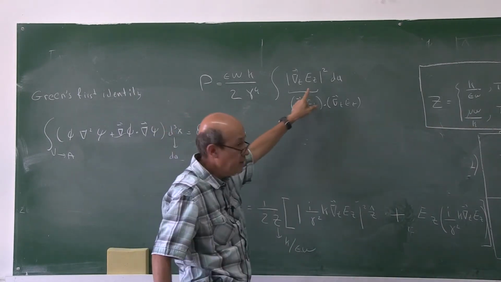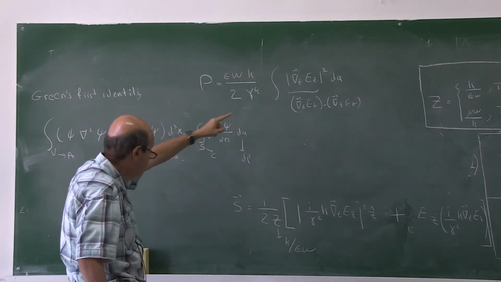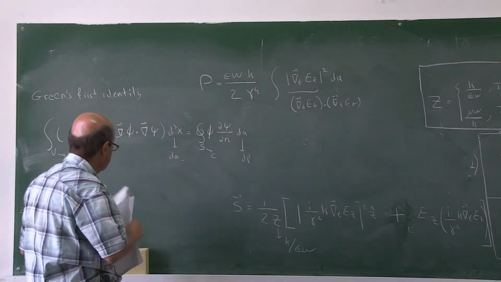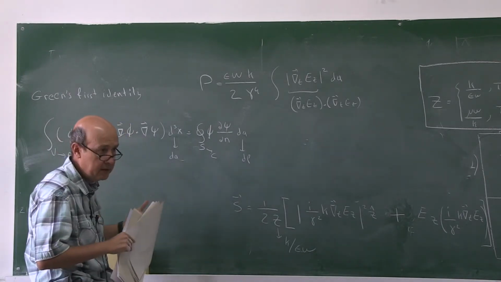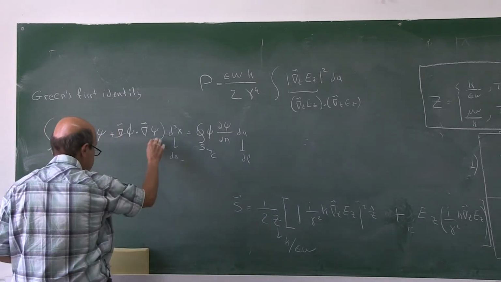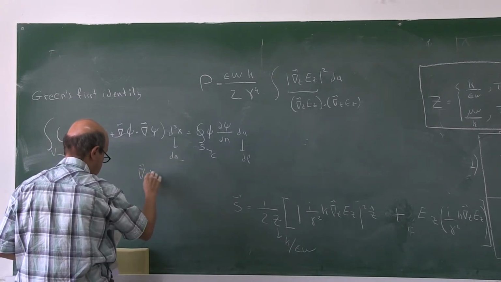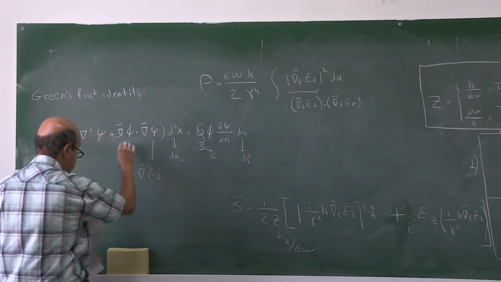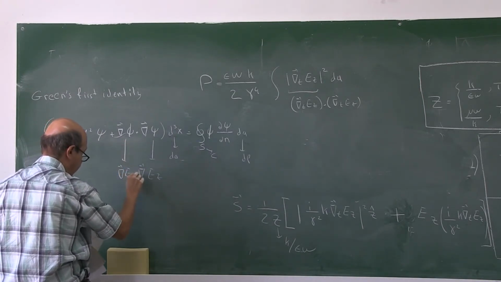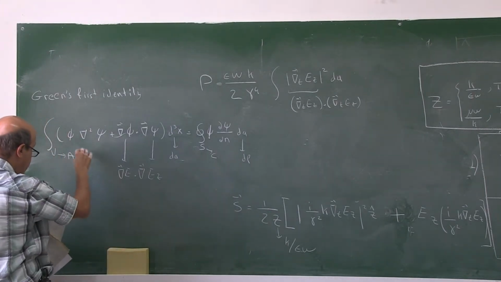Is Ez a scalar function? Yes. In this particular example, instead of 2 different functions, can I say Ez? Of course I can. So let's say this should be Ez. And what is this in that case?